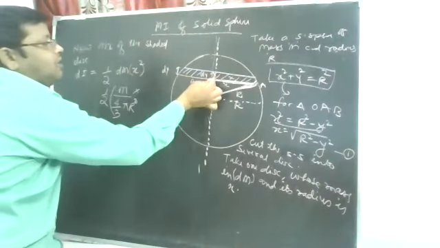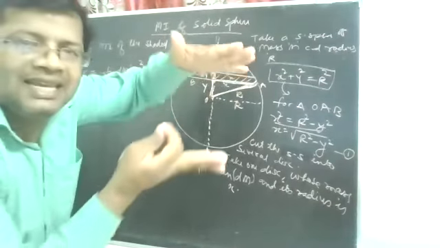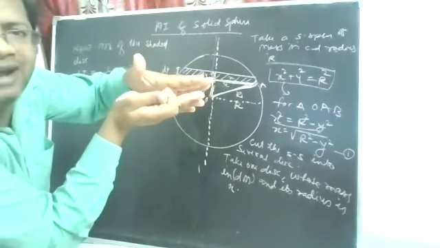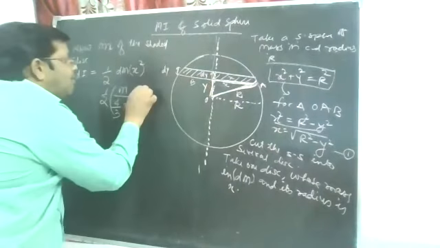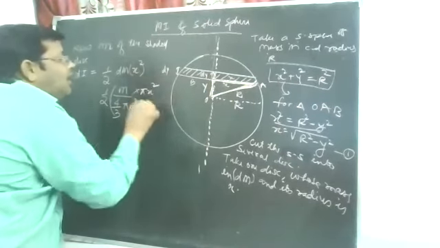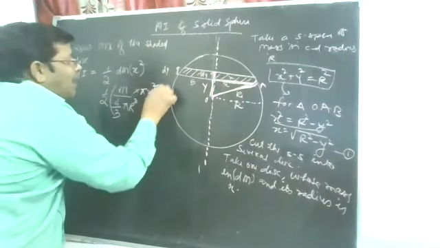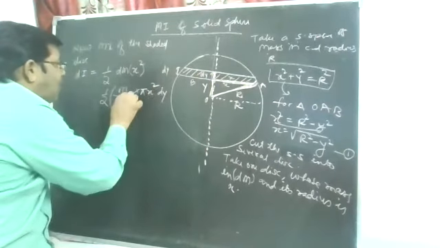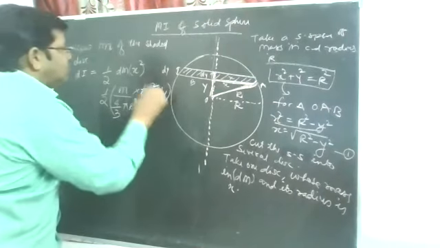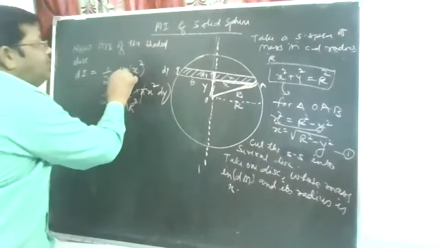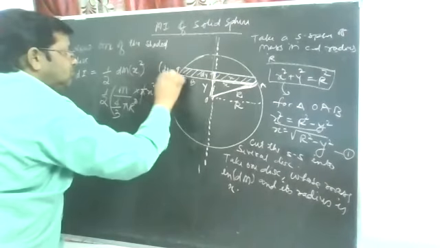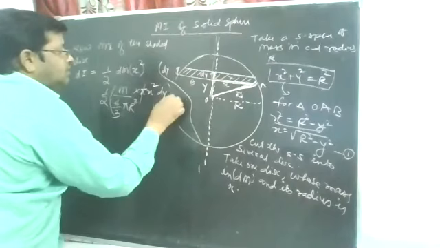What is the volume of this portion? The disc is in the shape of a cylinder; if you compress a solid cylinder, it will form a disc. What is the volume of the cylinder? Pi r square, where the radius of this disc is x, into the height, dy. Now, the pi cancels out. Now, half dm into x square.